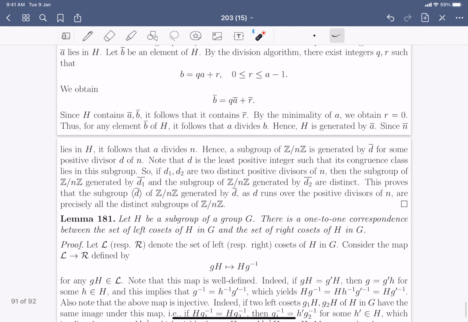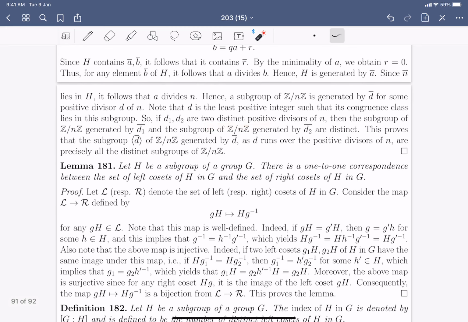Now if you take two distinct positive divisors d1 and d2 of the integer n, and look at the subgroup of Z mod nZ generated by d1 bar and the subgroup generated by d2 bar, then it follows that they are distinct. Why? You can look at their orders, the sizes of these two subgroups. You will see that they have different orders, which you can also show.